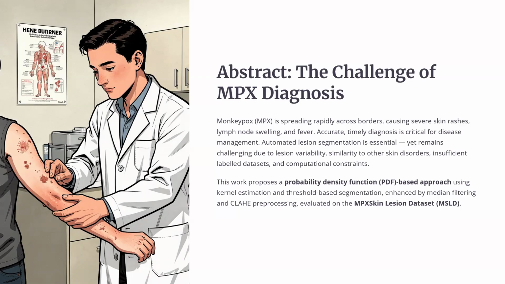Diagnosing monkeypox solely through clinical presentation remains challenging because many diseases produce similar skin rashes, especially when lesions exhibit atypical dermatological characteristics.